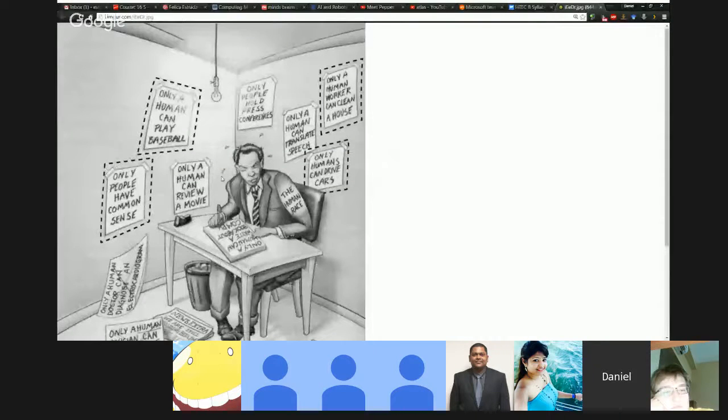Yeah, this is one of my favorite pictures. Here's a human standing in a box with these pasted words on the wall. Only humans can hold press conferences, only humans can clean the house, only humans can drive cars, only humans can translate speech. Here's the human race frantically writing down these things that only human beings can do.